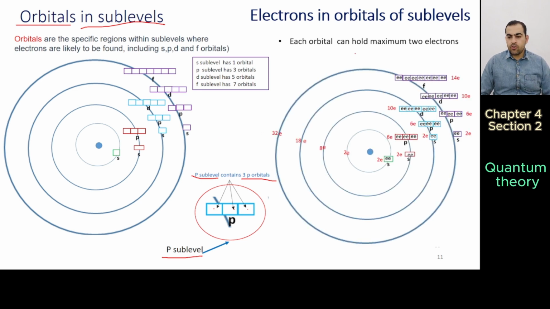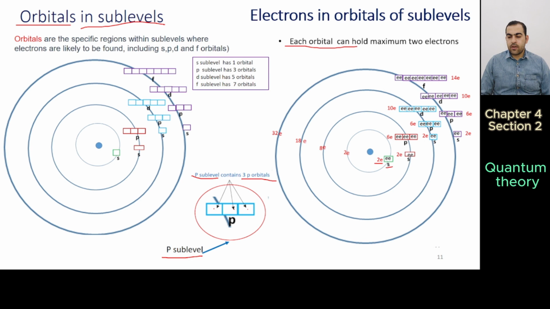Each orbital can hold a maximum of how many electrons? 2 electrons maximum. The S sublevel contains only one orbital. Each orbital holds a maximum of 2 electrons, so the S sublevel can contain a maximum of 2 electrons. The P sublevel contains 3 orbitals.